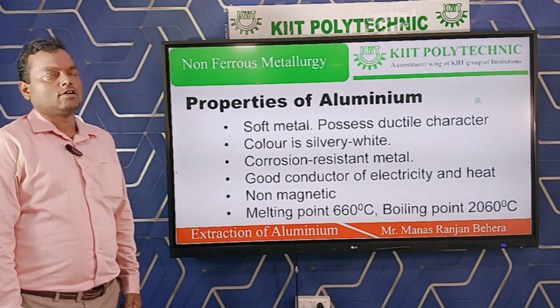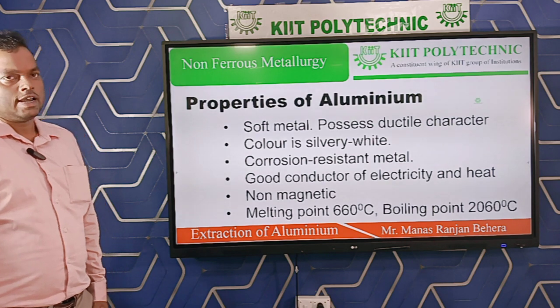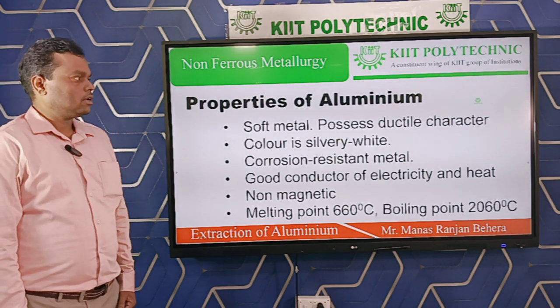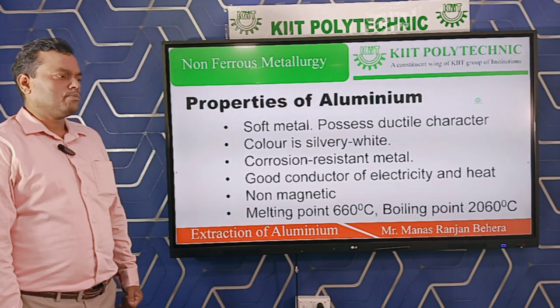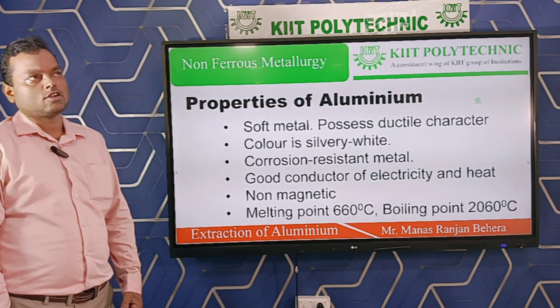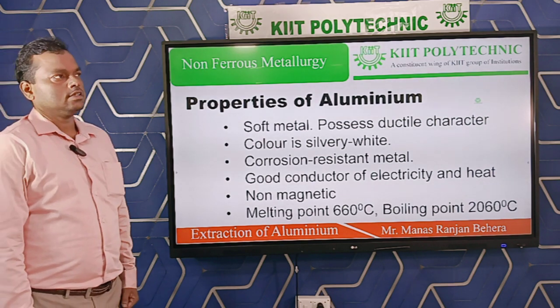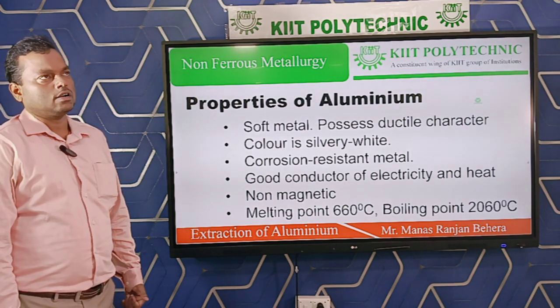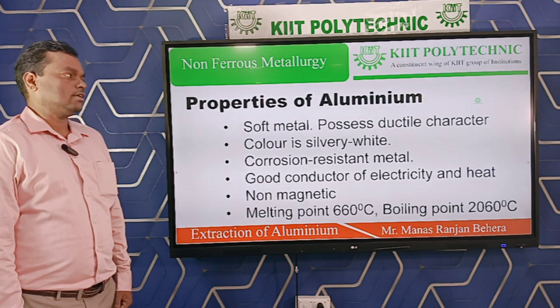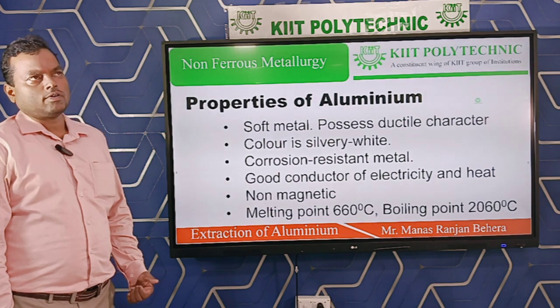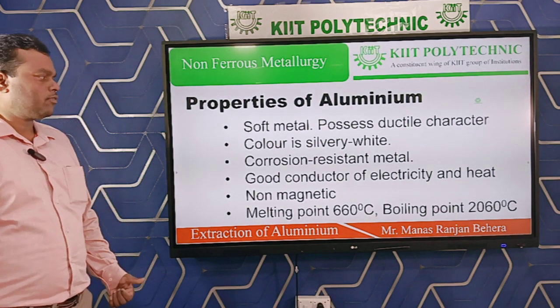The monohydrate of alumina is known as diaspore, and the trihydrate of alumina is known as gibbsite. So it is a combination or mixture of gibbsite and diaspore with other elements like titanium oxide, silicon oxide and iron oxide. So this is the important part of aluminium extraction, that is the ore of aluminium.